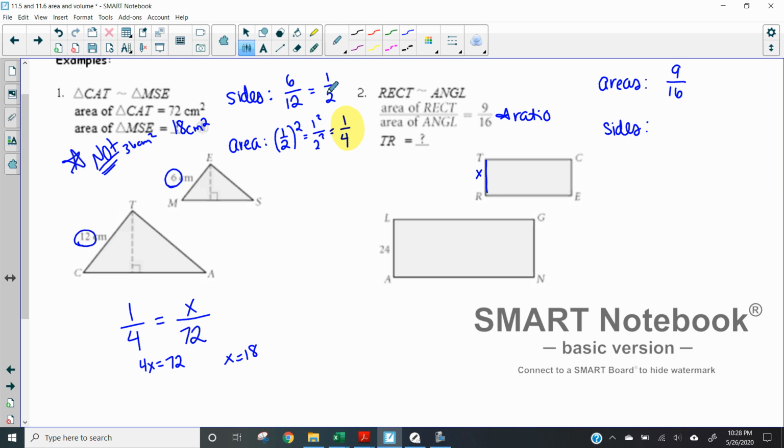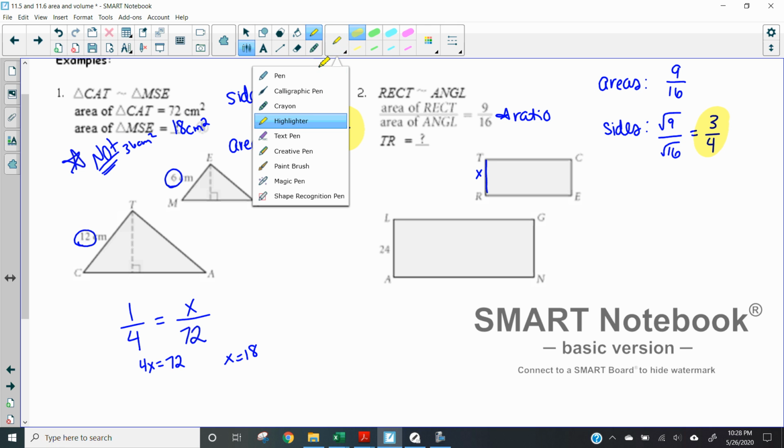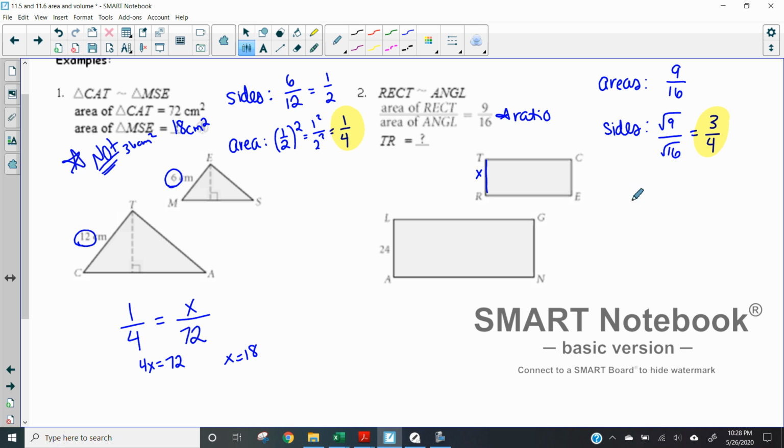If we were going from side to area, we square it. If we're going to go in reverse, do you know what that would look like? We're just going to take the square root of both of these. So 3 to 4 is the ratio that we'll work with. So this is the one that you should be using in your proportion. If you're looking for sides, make sure you have a side ratio.